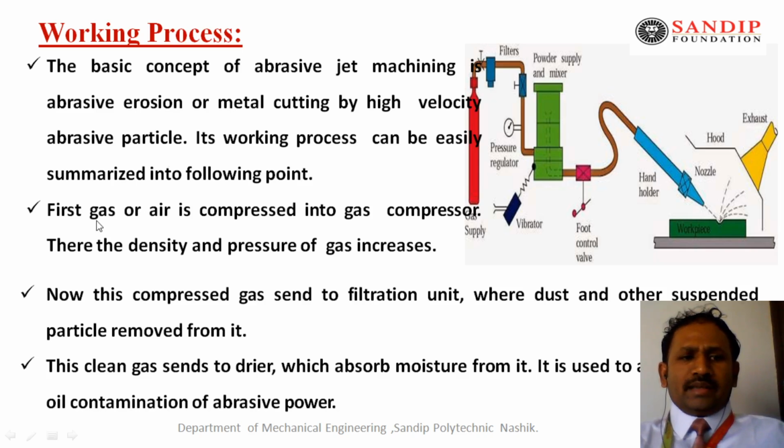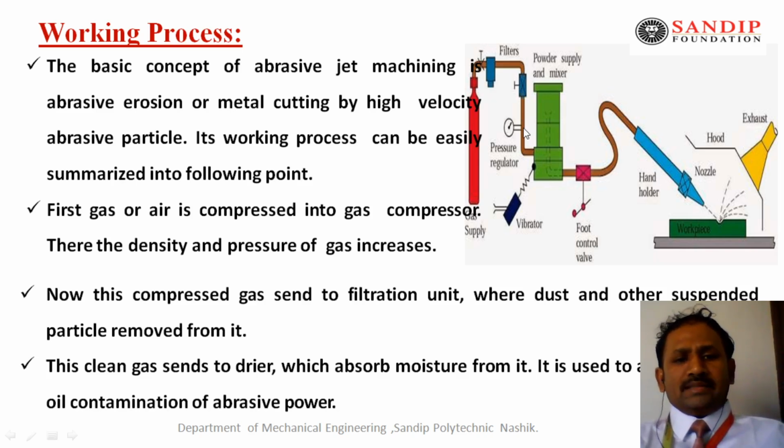So first, gas or air is compressed into the cylinder. Then this compressed gas is passed through the filter to remove the impurities or some particles and also absorb the moisture. Then this gas is passed through the valve, because the valve is there for safety purpose to control this process.